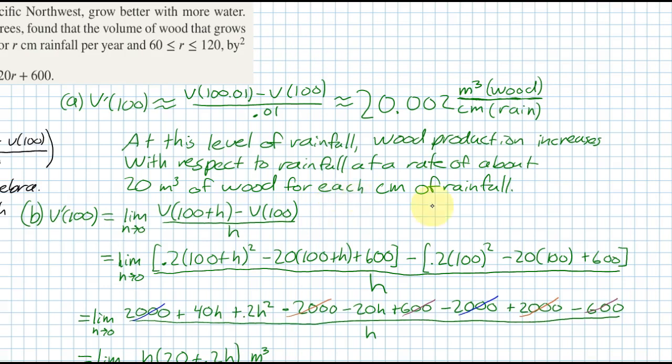Everybody has trouble describing numbers like this because you don't usually see things like this in real life. Usually in real life you see rates of change in terms of like miles per gallon or miles per hour or dollars per hour, and meters cubed per centimeter. You're not used to describing that in words, so it's going to be a process.